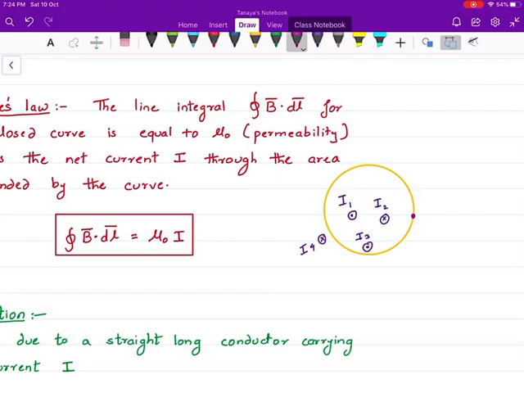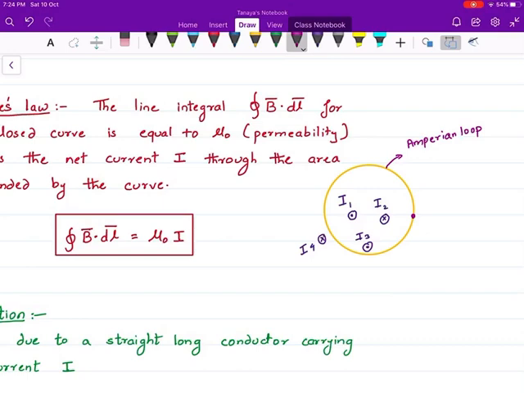I have drawn a curve which is enclosing I1, I2 and I3. This particular loop is called the Amperian loop, just as we have the Gaussian surface. This is not a closed surface. It is just like a ring. So we call it the Amperian loop.